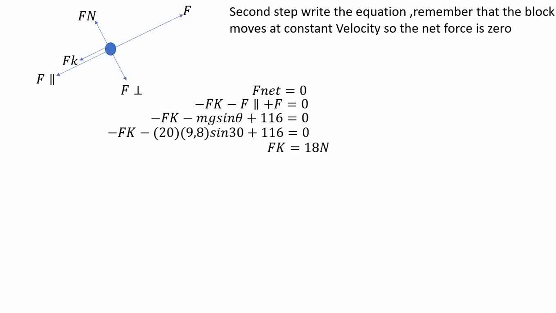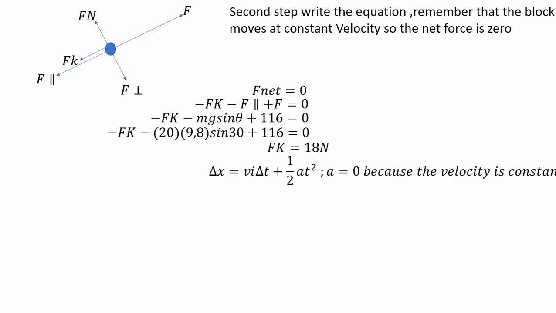In the next step, we will calculate the displacement, because it was one of the values which was missing. We'll use the formula which says delta x is equal to initial velocity times delta t plus half acceleration t squared. Acceleration in this case is equal to 0 because the velocity is constant, meaning this part of the equation will be 0.